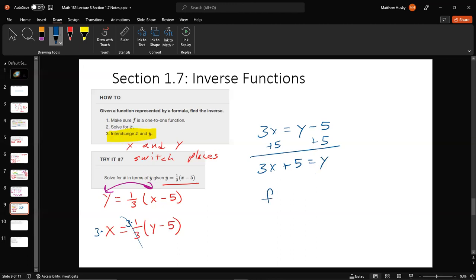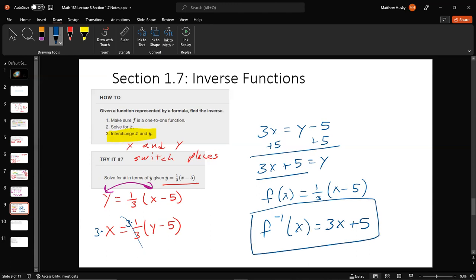So that basically means f of x is what we started with, 1/3 times x minus 5. And then f inverse of x is that right there, 3x plus 5. So we have found the inverse function, 3 times x plus 5.